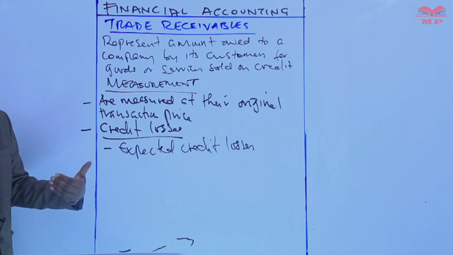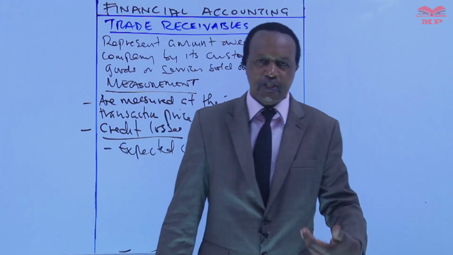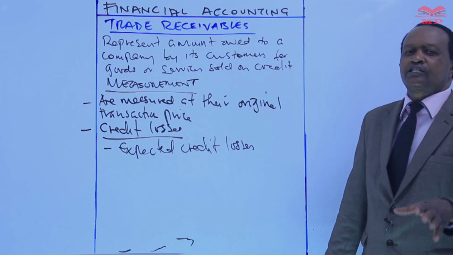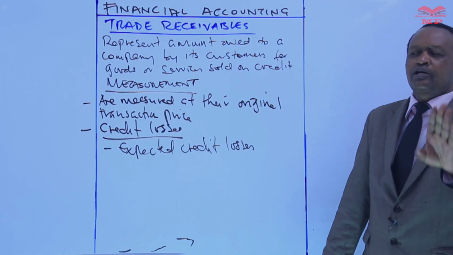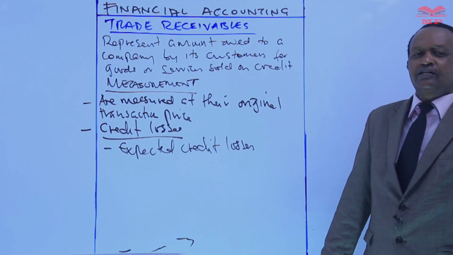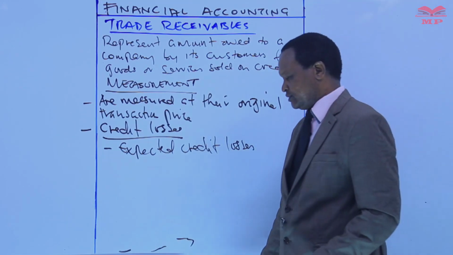Credit losses occur when a company is unable to recover all its debts. Credit losses occur when a company is unable to do what? To recover the full amount owed by a customer.